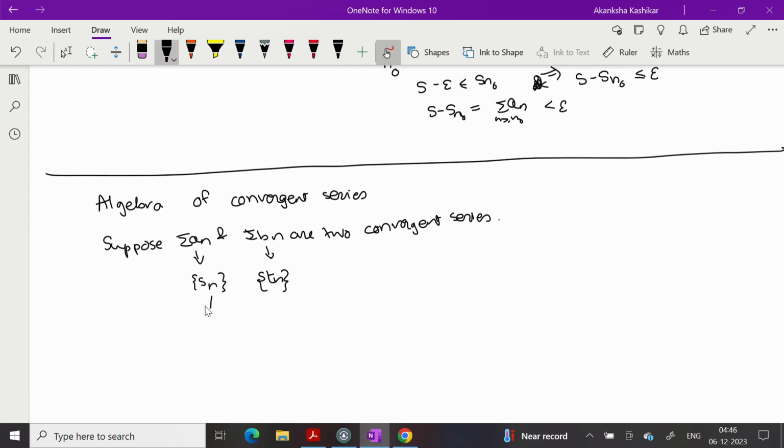Then summation an is convergent would mean Sn converges to S, and Tn converges to T because summation bn is convergent. The corresponding sequence of partial sums for summation of an plus bn will be Sn plus Tn. Hence by algebra of sequences, if Sn converges and Tn converges, then Sn plus Tn converges, and hence summation an plus bn also converges.